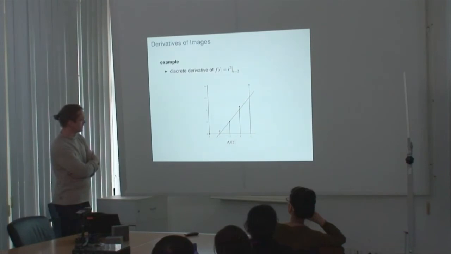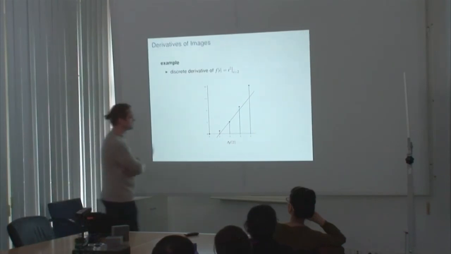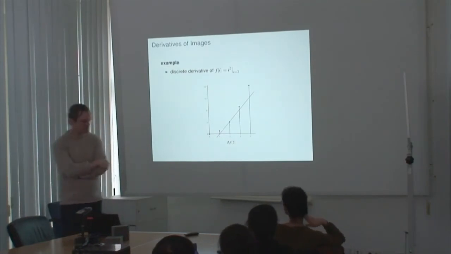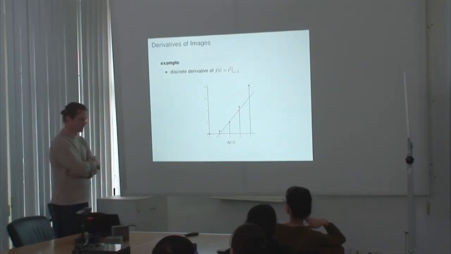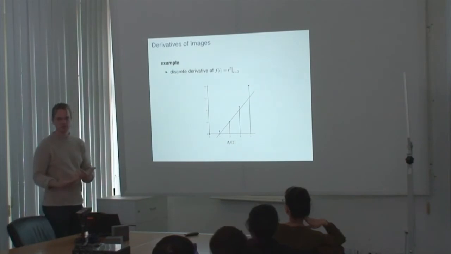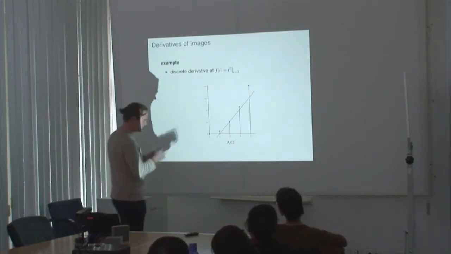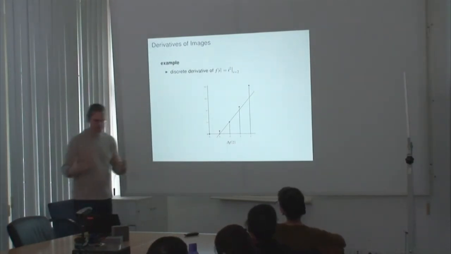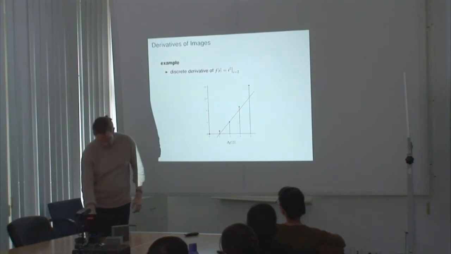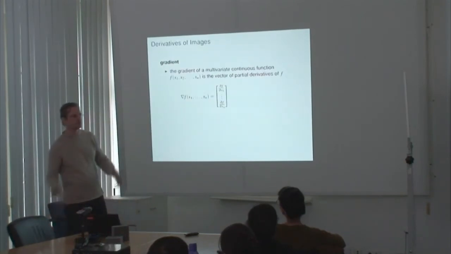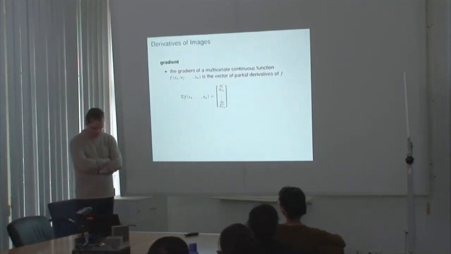And you see it's not as steep as the derivative from above, and it's not as steep as the derivative from below. So it's indeed a compromise. Right? So this is how we agree to adapt differentiation to discrete functions. We can then move on to the stuff we are dealing with.